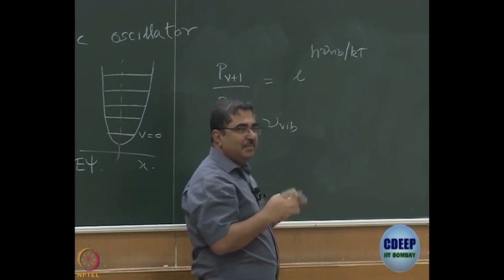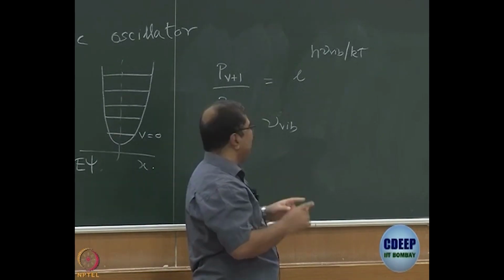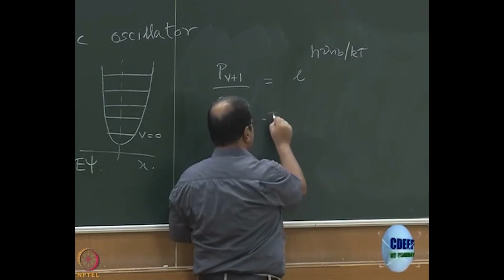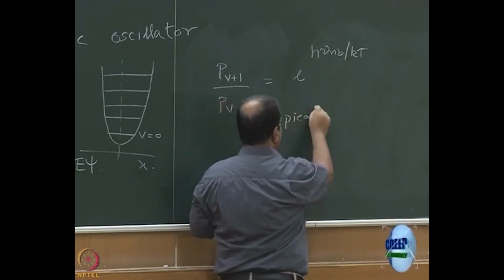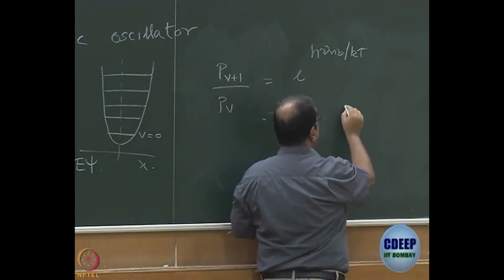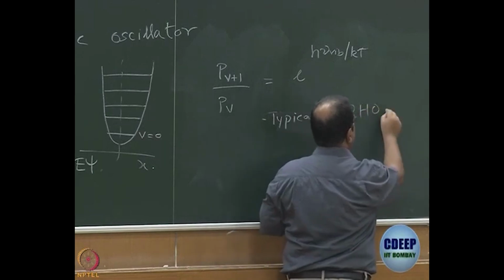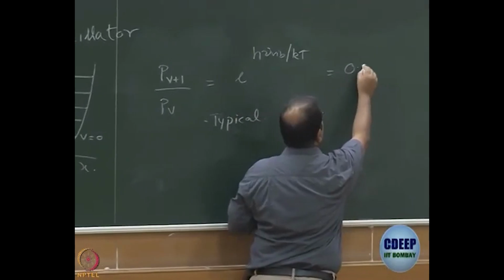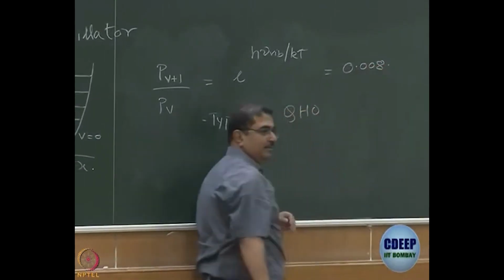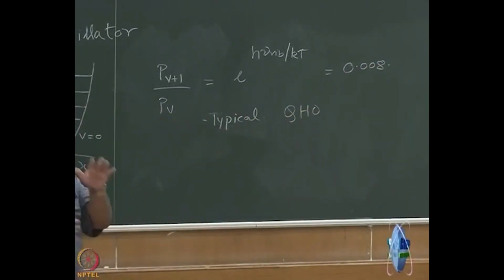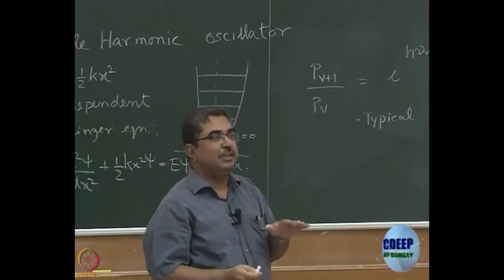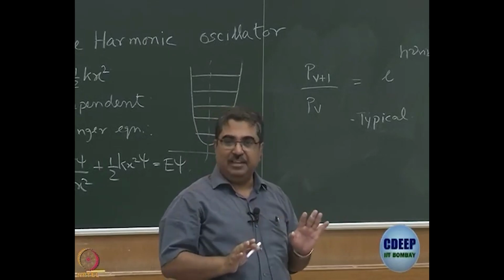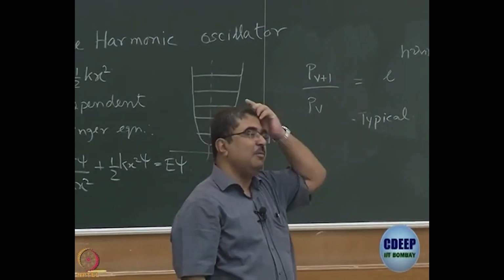By a factor of c, right. So if it is 1000 centimeter inverse, for typical vibrational levels, a typical quantum harmonic oscillator, this ratio turns out to be something like 0.008. When I am using an energy gap, the wave number equivalent of which is 1000 centimeter inverse and I am using a temperature of 300 Kelvin. If I use those numbers, the ratio becomes 0.008.